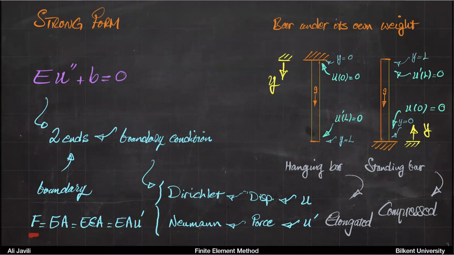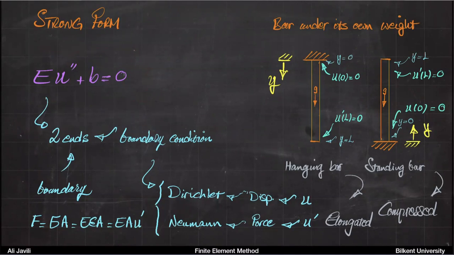If you think of a force, it is proportional to u prime, and u prime is basically strain. So either you apply displacement, or you apply the derivative of displacement, which is more or less like force, and that would be called the Neumann type boundary condition.